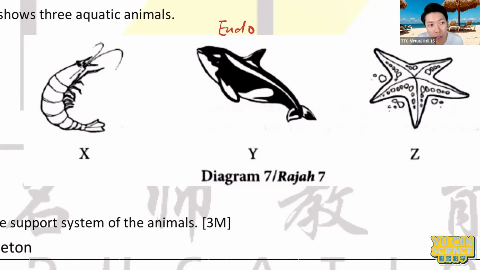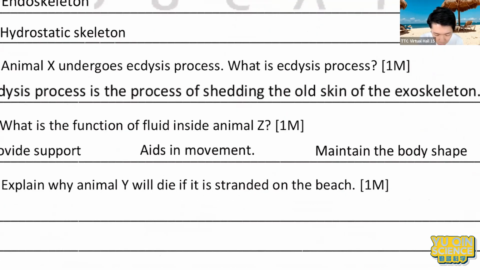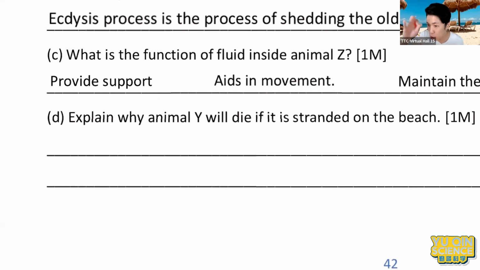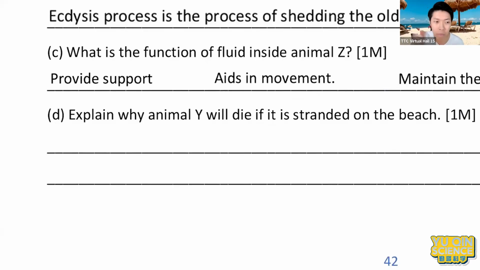I'm happy that you know that they use buoyancy, but when it's stranded on the beach, there's no buoyancy to support, I understand. But that's not the reason that it dies. The reason there is no buoyancy supporting it is because the endoskeleton is not able to do the supporting job. So I don't think we want to talk too much about buoyancy. We want to focus on the endoskeleton, the pectoral and the pelvic girdle, right? Cannot withstand the weight. That's why it dies.